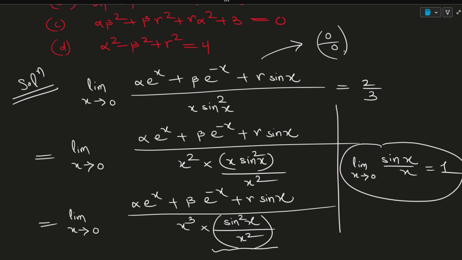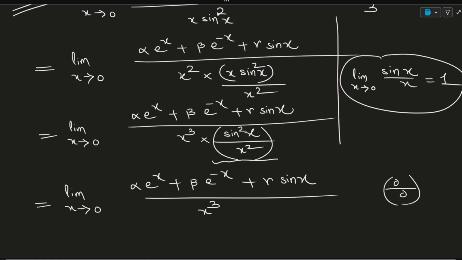If someone decided to apply L'Hospital rule, then by seeing the numerator or denominator, we cannot conclude how many times we have to differentiate. So by multiplication, when I multiply x square and divide x square in the denominator, I got x cube in the denominator.